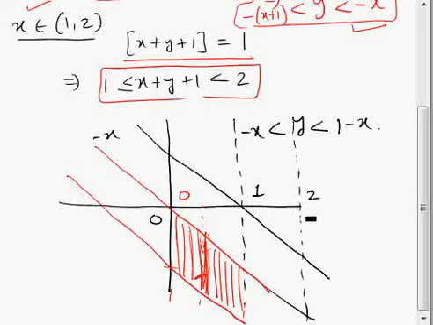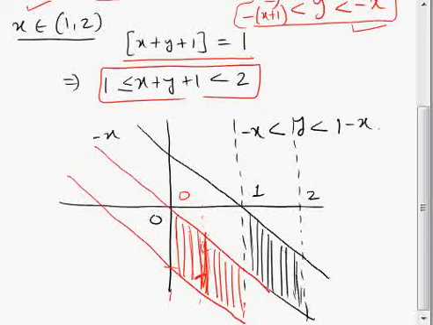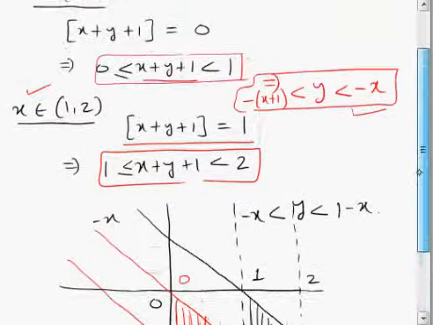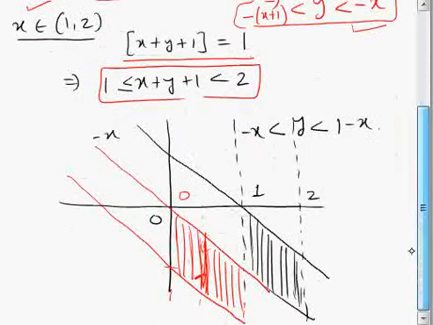When x lies between 1 and 2, y can take values between minus x and minus x plus 1. It means y can take these values. So basically, this is the area represented by this inequality, or this is the area in which point P is moving.